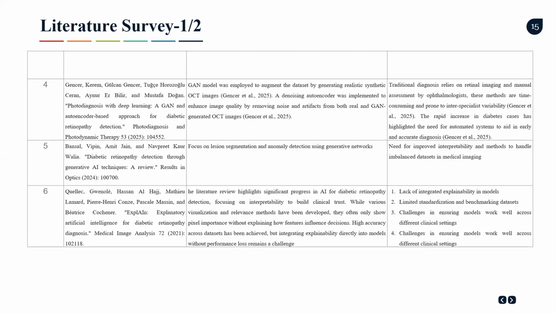The CNN has been used for feature extraction techniques to automatically recognize and categorize DR fundus pictures based on severity. The early diagnosis through detection utilizing modern techniques. And this is the literature survey.